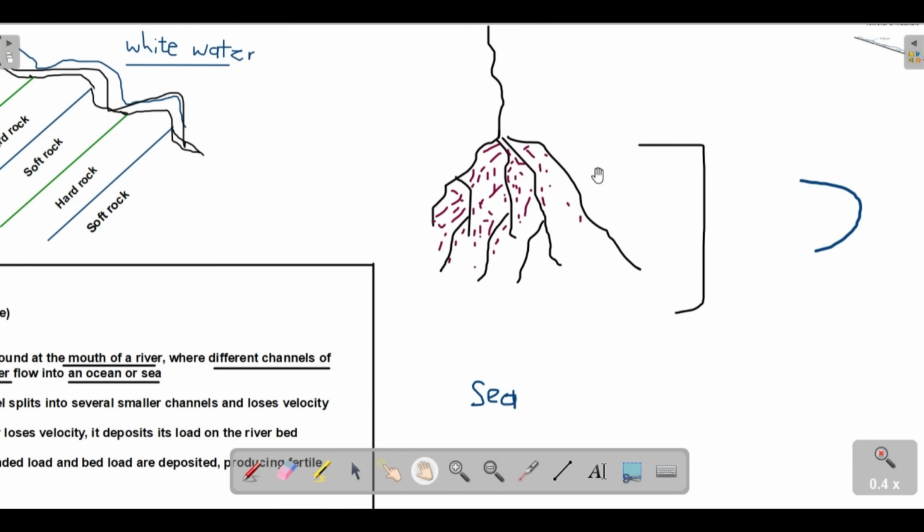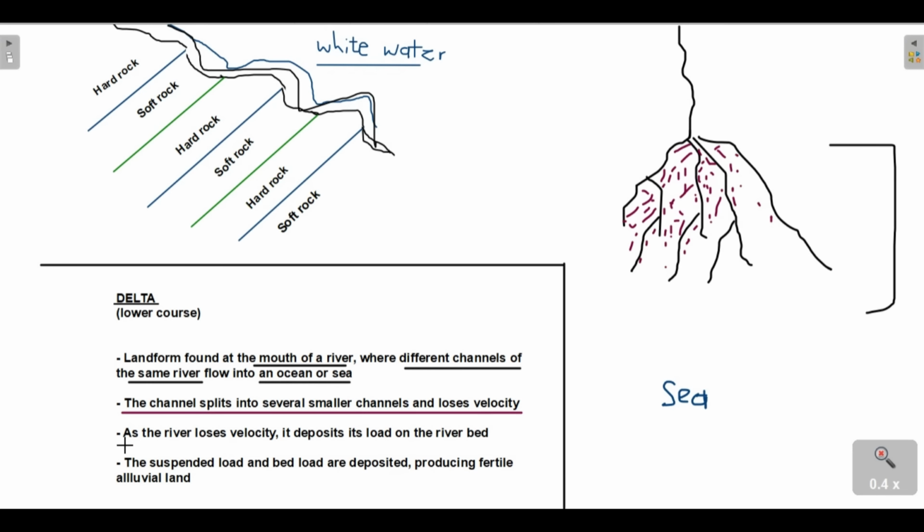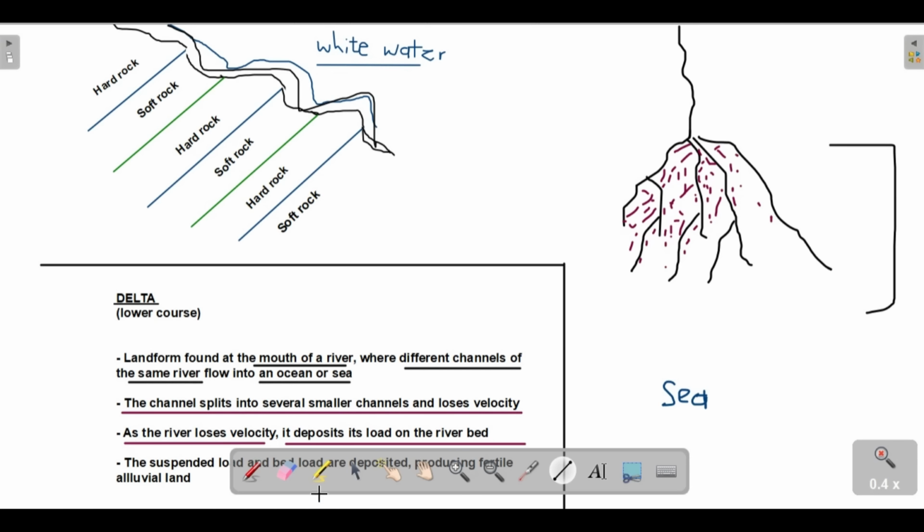So because this is in the lower course, water flows slowly. Okay, so the channel splits into several smaller channels and loses velocity. As the river loses velocity, it deposits its load on the riverbed. That's why you see a lot of load there. It's because this is the lower course, the land is flat, and of course, the flowing water slows down.